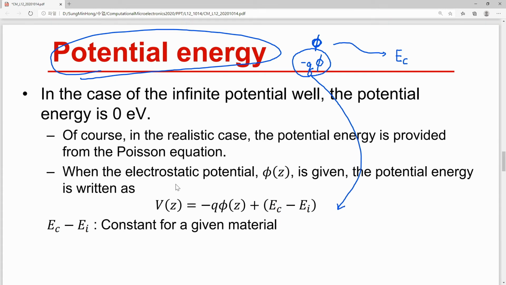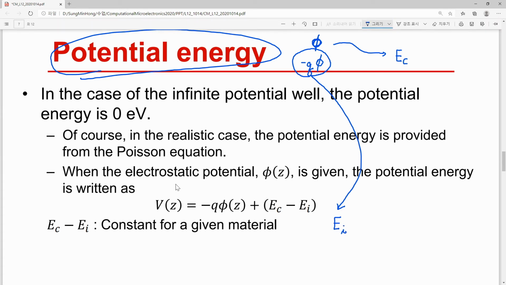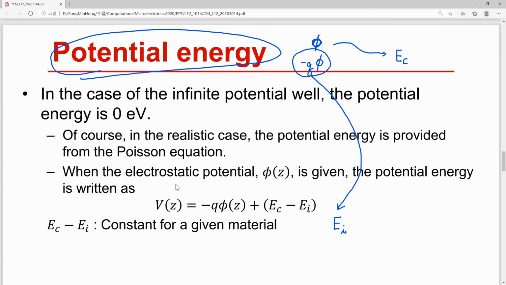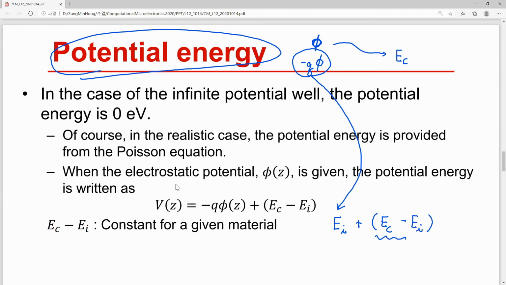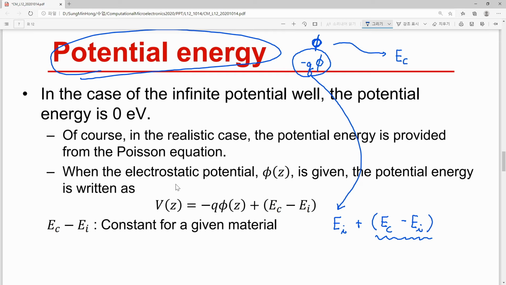In this case, minus q times phi is given as just the energetic position of the intrinsic Fermi level. And you know that the energetic difference between the conduction band minimum and the intrinsic Fermi level is given as a constant in our discussion. Therefore, we can say that the conduction band minimum, here written as B, can be simply written as minus q phi plus EC minus EI.